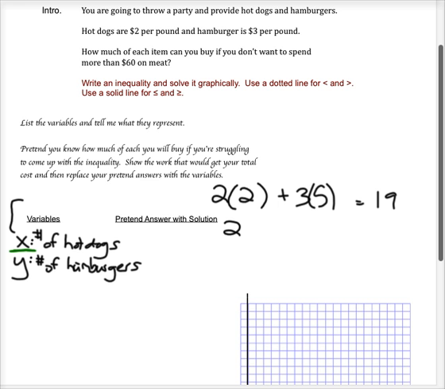Then I multiplied that by the number that I was buying. So I ended up paying 2x for them, okay? And if I look at my hamburgers, well, I had to pay $3 per hamburger, but then that 5 came from, because that's how many I said I was buying in my hypothetical scenario. And that's going to total the cost.